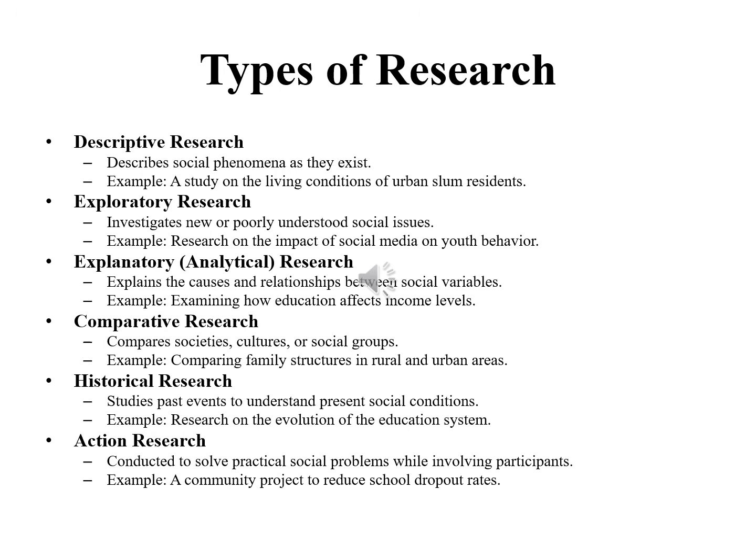Then we have historical research, which studies past events to understand the present. If you are studying today's issues or social conditions, of course you have to correlate them with historical past events. So historical research is the best type for your research design.